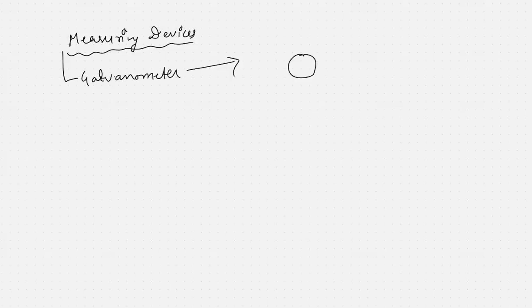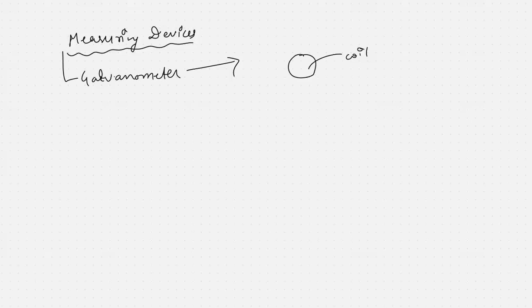So, Kirtana, today we are going to discuss measuring devices. In these measuring devices, basically, we have the galvanometer first. If I have to make the diagram of this galvanometer, it looks like there is a circle over here. This is a coil.